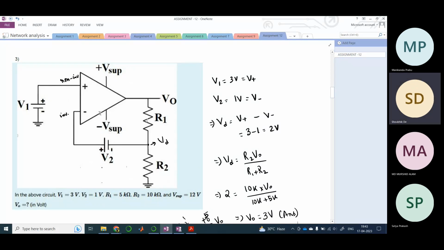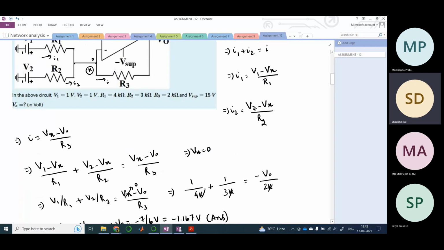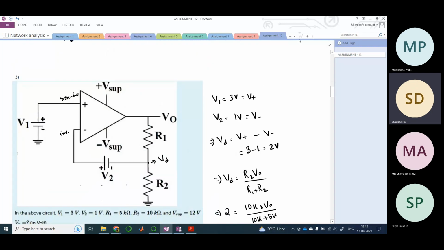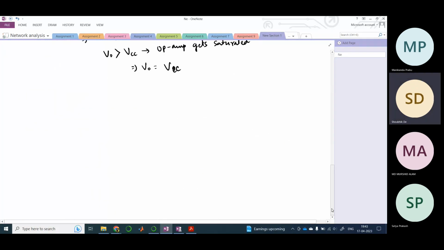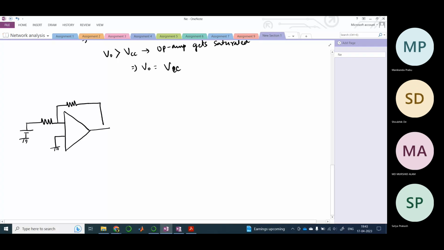And why is this happening? Because see, in the previous question, or let me just draw it like this. We saw a problem, the first problem that we did today. So this op amp is grounded here, and let's say we don't have any voltage source here.